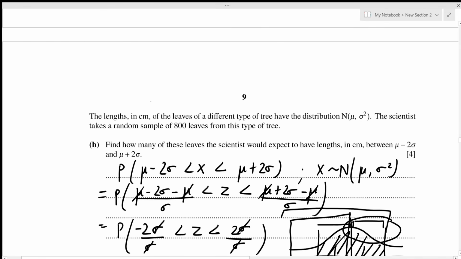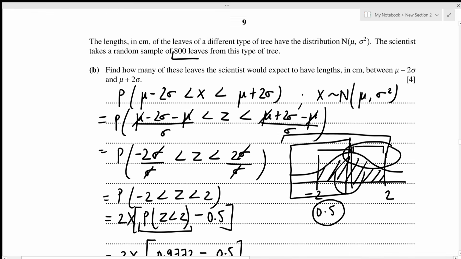But we're asked how many of these leaves, which means that we need to figure out how many of the 800 leaves would be expected to have lengths between mu minus 2 sigma and mu plus 2 sigma. That just means that we need to multiply the probability that we just figured out by the total number of samples, which is 800 in this case.